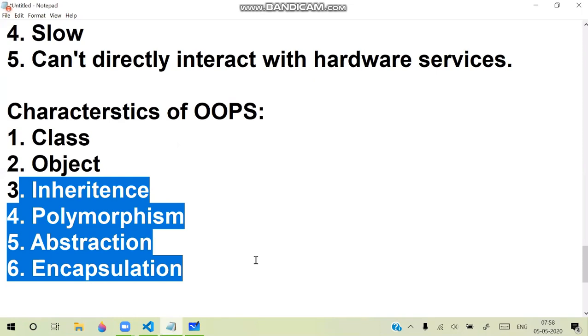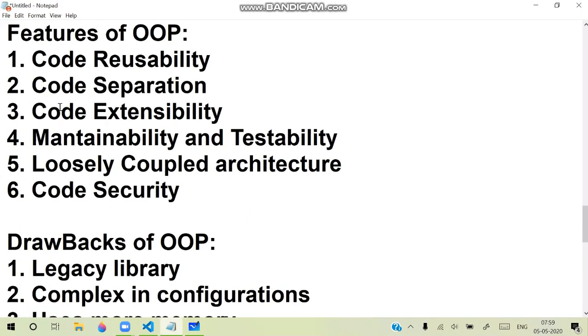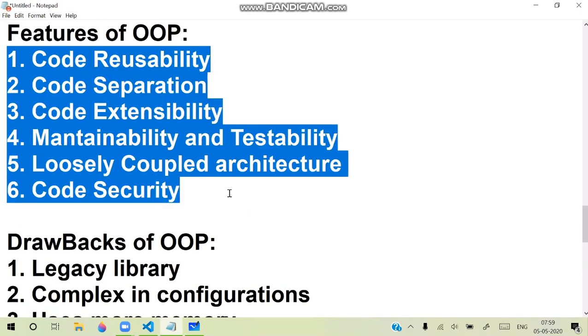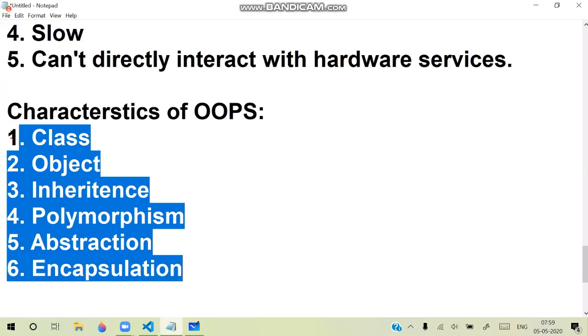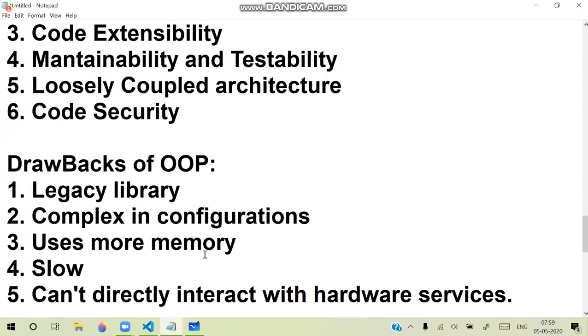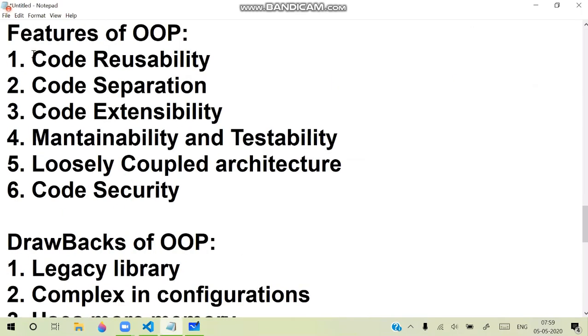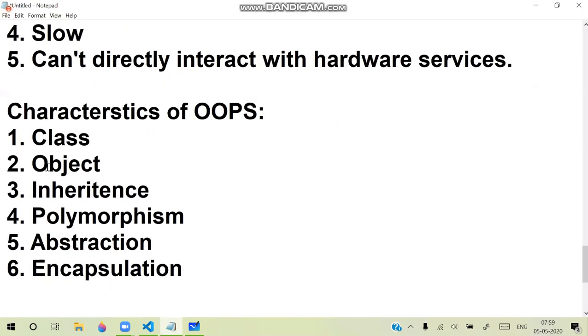And due to inheritance, polymorphism, abstraction, and encapsulation, it has all these features. Understood? The features are because of those characteristics. That is the difference between features and characteristics.